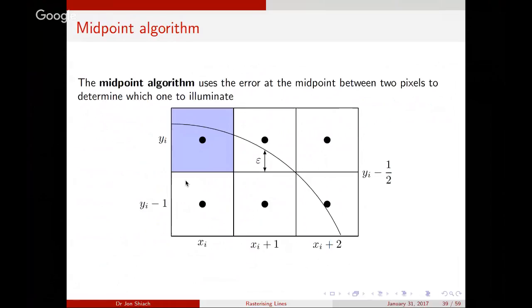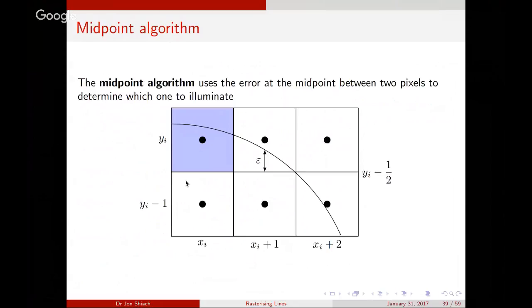In a similar way to what we did before with Bresenham's algorithm, we determine an error between the idealized image, which is the circle, and the midpoint between these 2 centered pixels. These points are at the center of the pixel. That midpoint is there. So this epsilon is the error between the circle and that midpoint, hence the name midpoint algorithm.